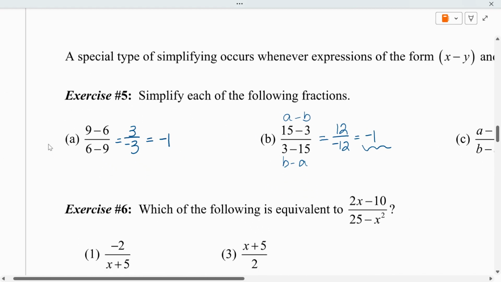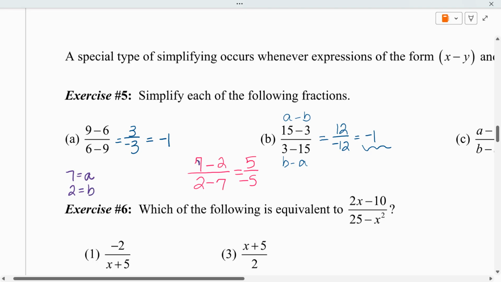Okay, Nathan, watch. If I had 7 minus 2 over 2 minus 7, what does 7 take away 2? Okay. What does 2 take away 7? What if I told you that 7 equals A and 2 equals B?